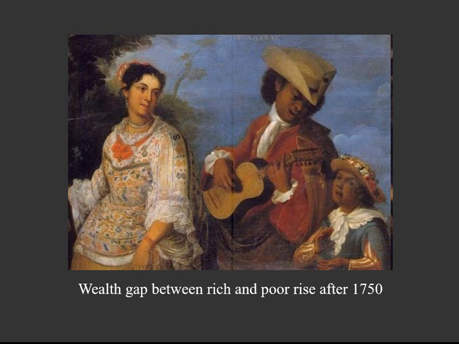So the rich class, usually the landowners, people who own the mines, or merchants, or other types of investor class people, are much, much wealthier than the poor small farmers or the laborers in the cities or even the homeless people or semi-employed people. And this gap between the rich and the poor rose drastically after 1750. So there's a very clear line between the haves and the have-nots throughout the Spanish colonies especially.